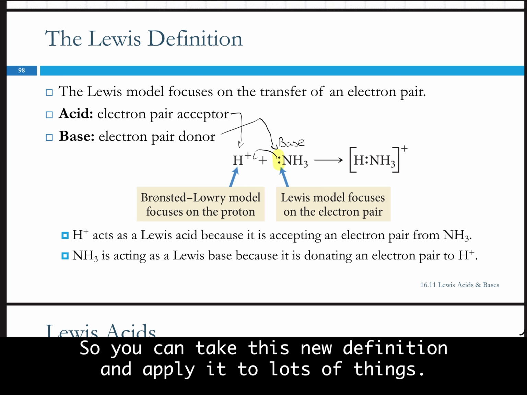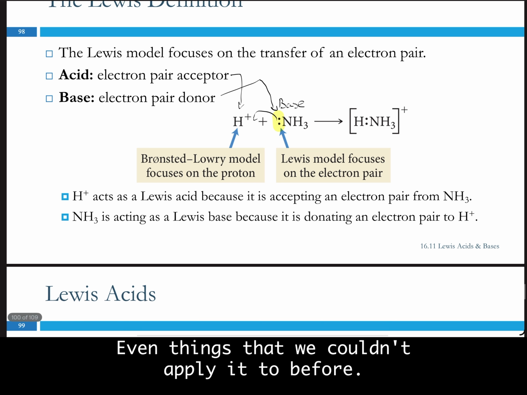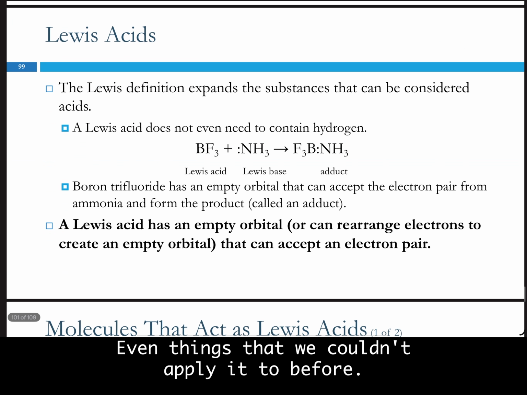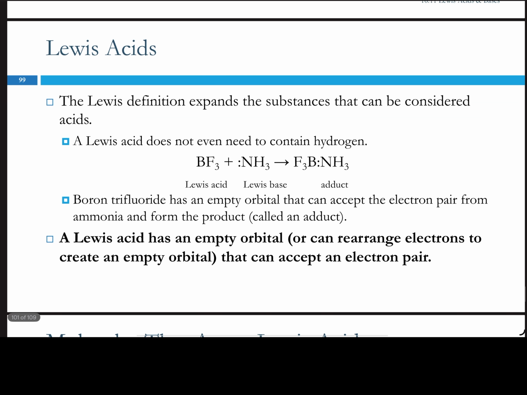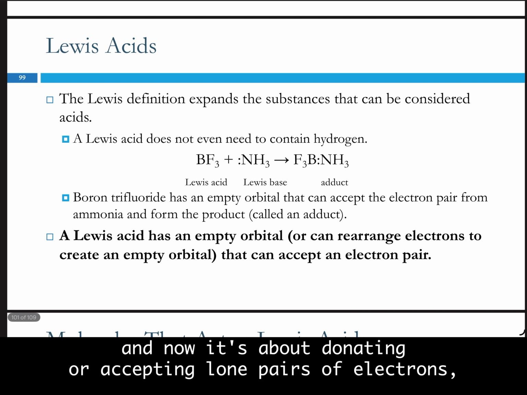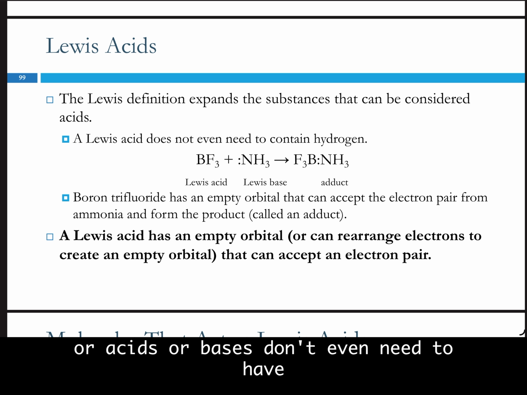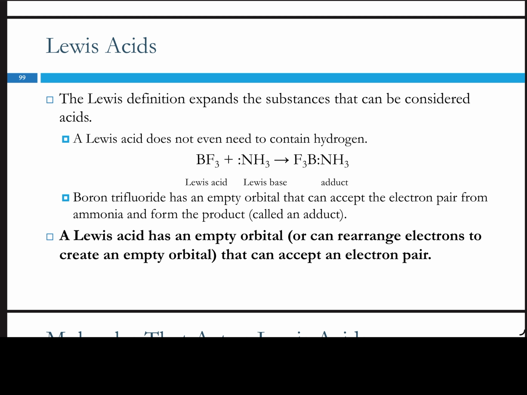So you can take this new definition and apply it to lots of things, even things that we couldn't apply it to before. Because we're no longer focused on hydrogen and now it's about donating or accepting lone pairs of electrons, our acids or bases don't even need to have hydrogens.